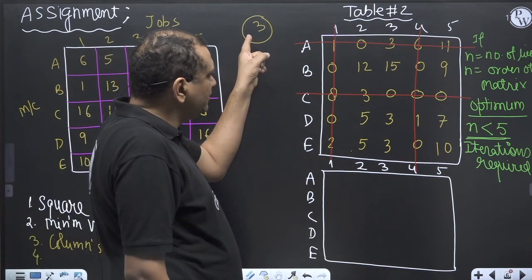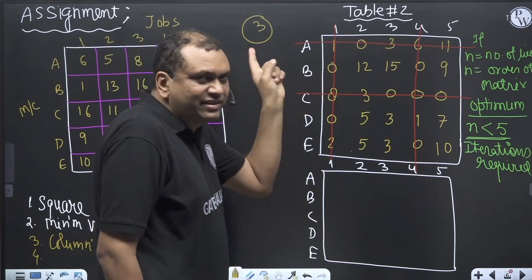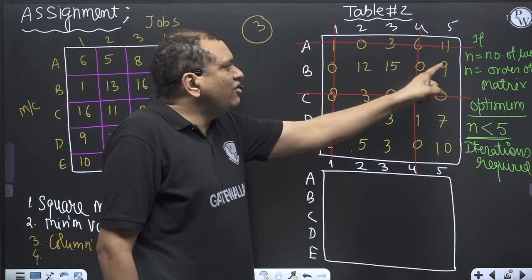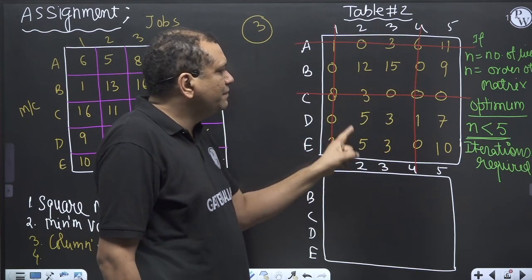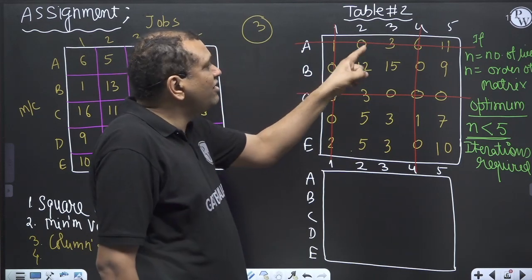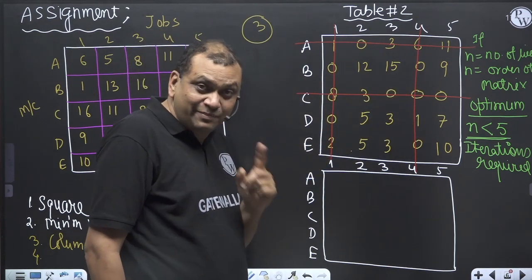This number, subtract this number from all the non-covered elements. Correct? Subtract.